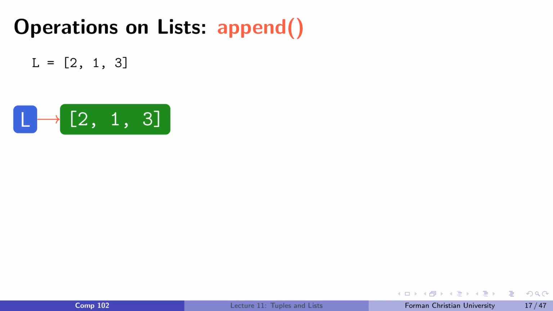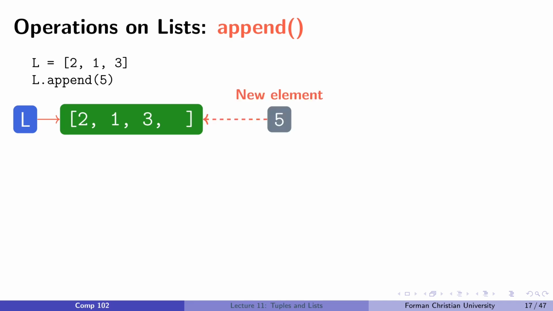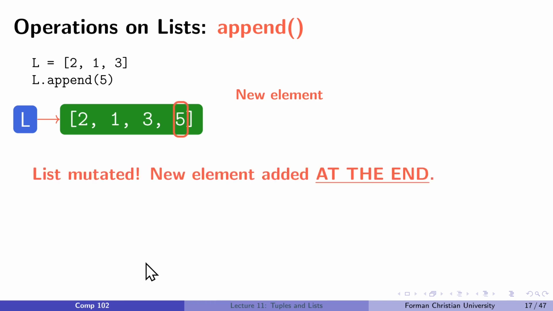So order matters in lists. When we call L.append with a value of 5, the 5 slides into the list at the end. So L is now 2, 1, 3, 5. The new item is at the end, as you can see, and the list is mutated. The list has changed, essentially.